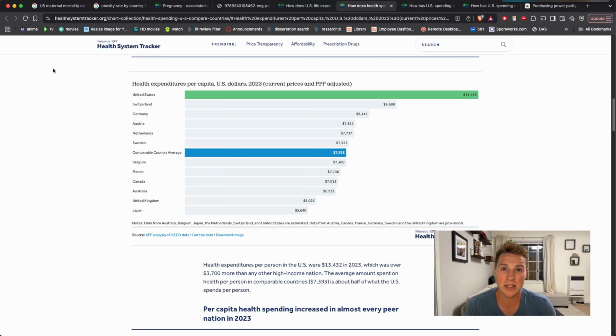We need to stop this facade of imagining that the solution isn't obvious. It is so obvious. It is right there. Death rates, spending per capita, life expectancy, morbidity and mortality, pandemic response.